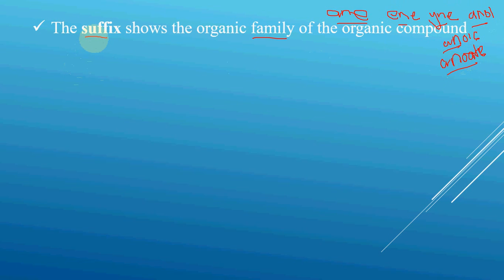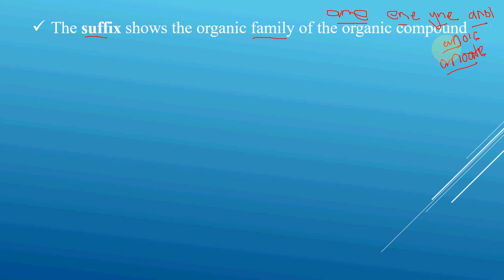So we're saying this suffix always tells me where the given organic compound is coming from. For as long as in the name you see it ending with ane, then it should tell you it's coming from an alkane. For as long as it's ending with ene, then you should say it's coming from alkenes. Yne, alkynes.